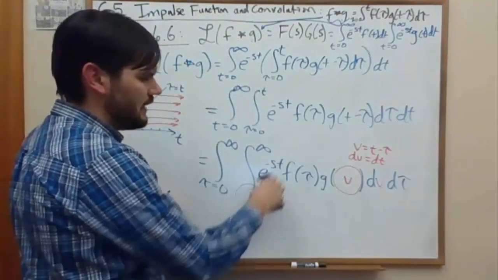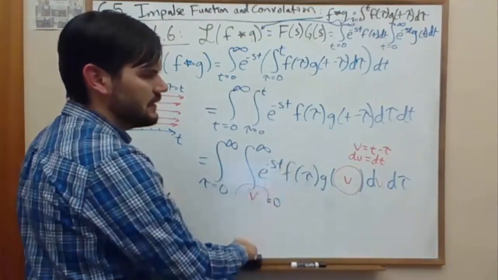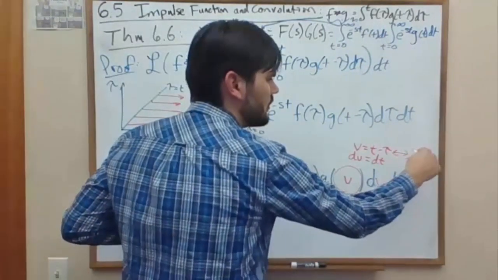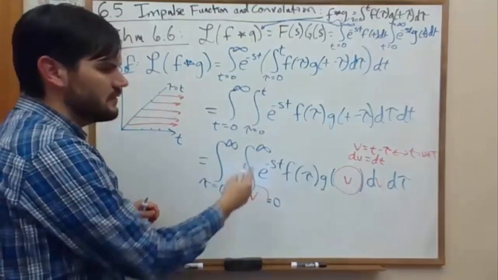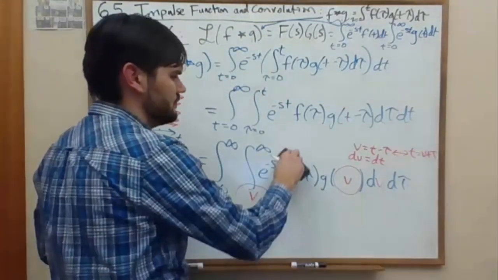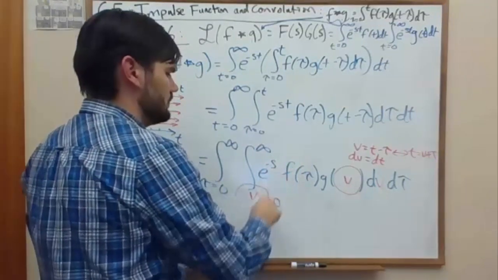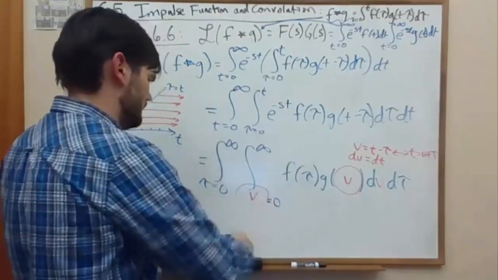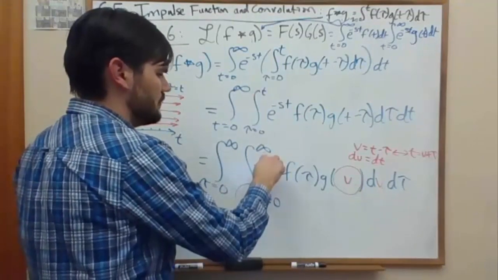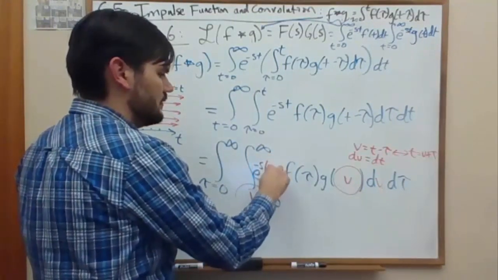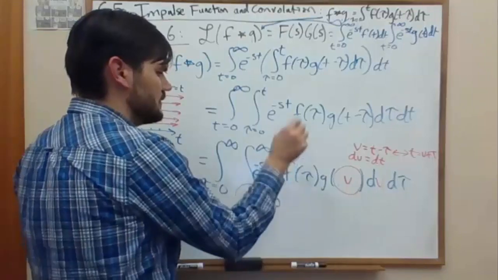And then we have this e to the negative st. And here we can solve for t and get v plus tau for it. So we add e to the negative s and then multiplied by v plus tau.